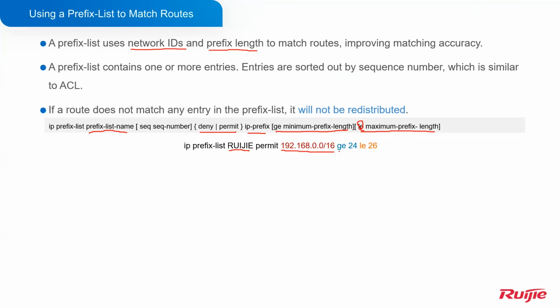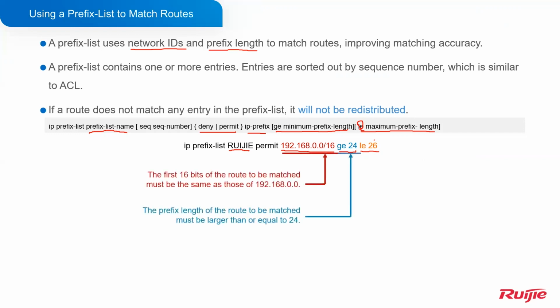And next, GE 24, LE 26 means greater equal than 24, less equal than 26. The mask length will be 24, 25, and 26. So you can see here, the first 16 bits of the routes to be matched means it could be 192.168. And greater equal 24, less equal 26 is the control of the mask length.